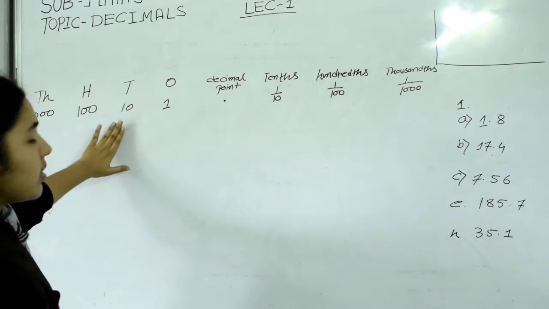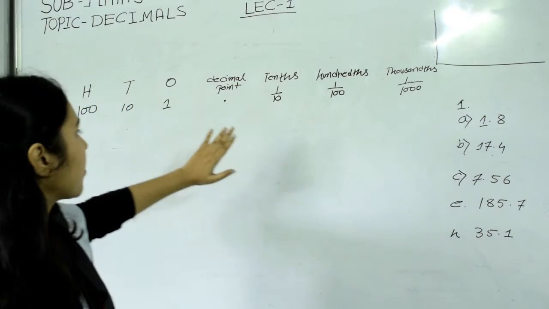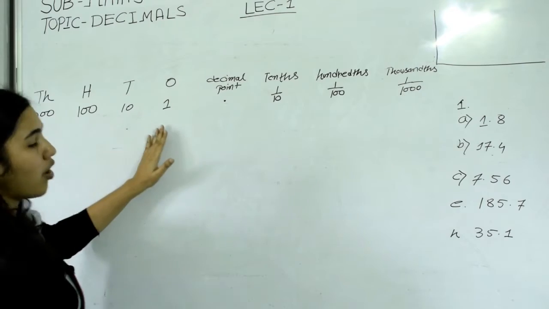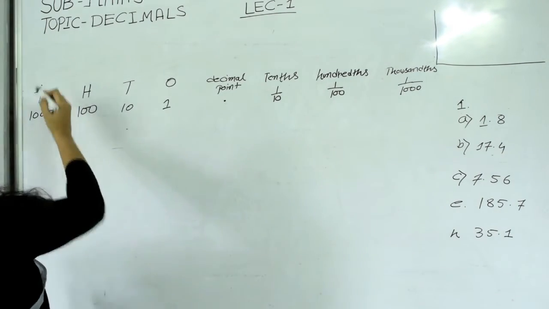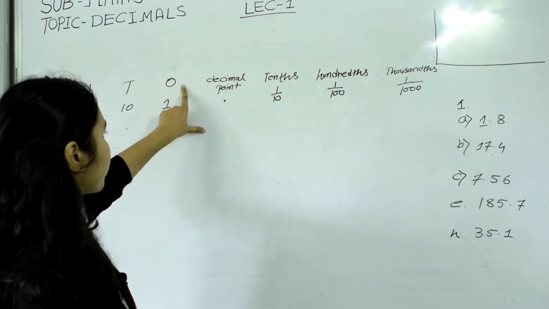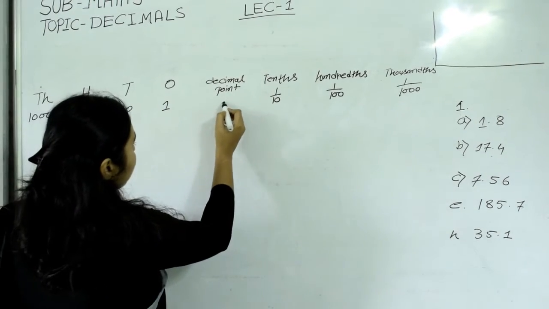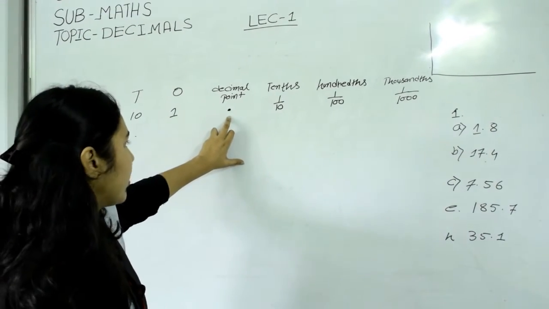So this is a decimal place value chart, which is nothing but an extension of our place value chart. This is thousands place, hundreds place, tens place, ones place, and here we have to put the decimal point.